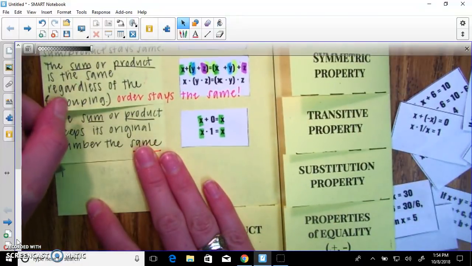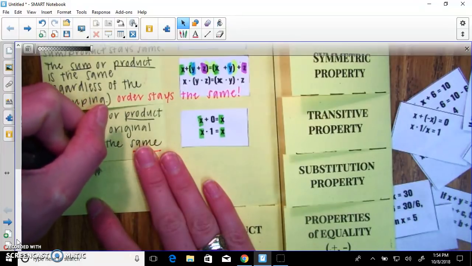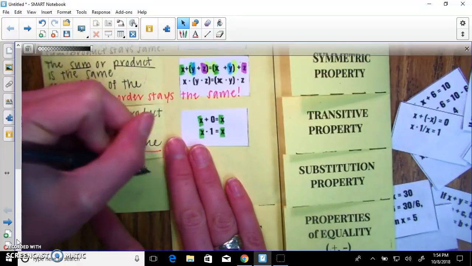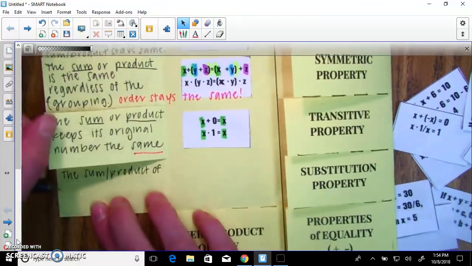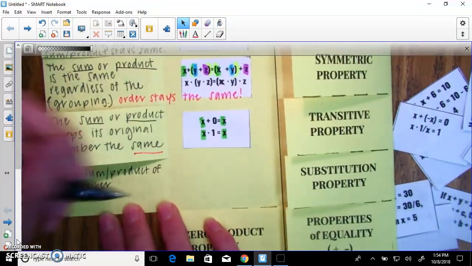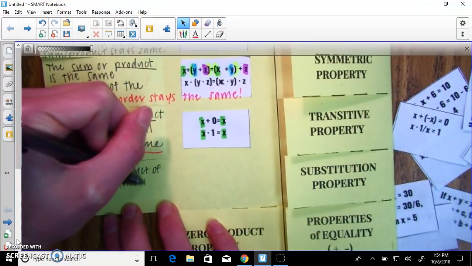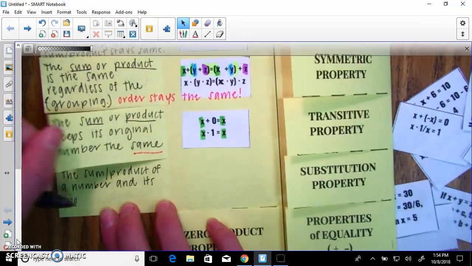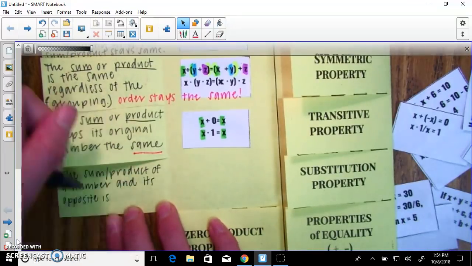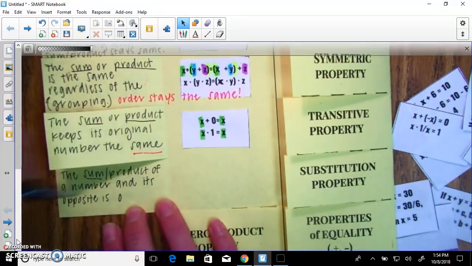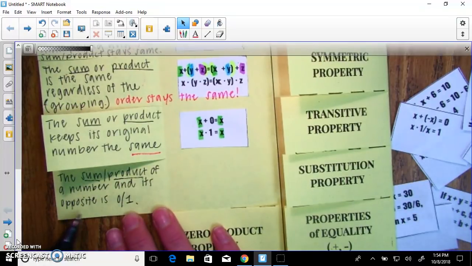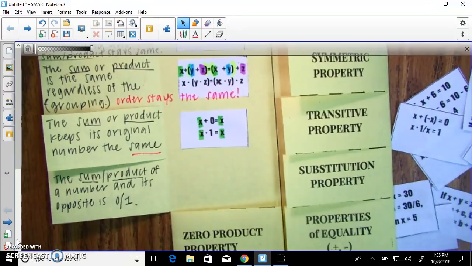So when we have inverse, we can say the sum slash product of a number and its opposite is, well, if it's a sum, it's going to be 0, and if it's a product, it's going to be 1. So the sum of a number and its opposite is 0. The product of a number and its opposite is 1.